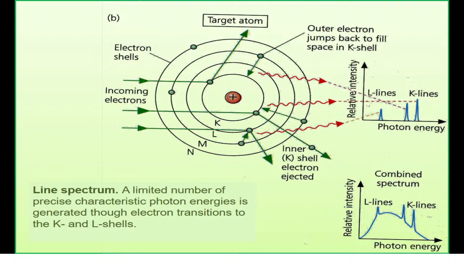A limited number of precise characteristic photon energies is generated through electron transitions to the K and L shells. These are two kinds of the X radiation spectra: continuous spectrum and line spectrum. These are because of different final kinetic energies of the accelerated electrons striking the target.